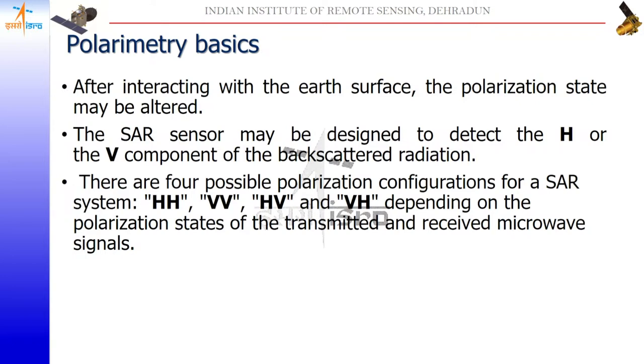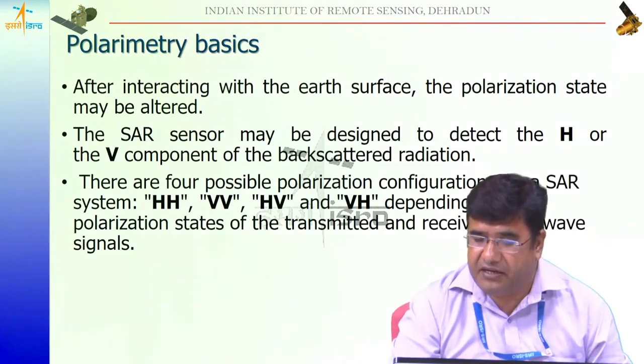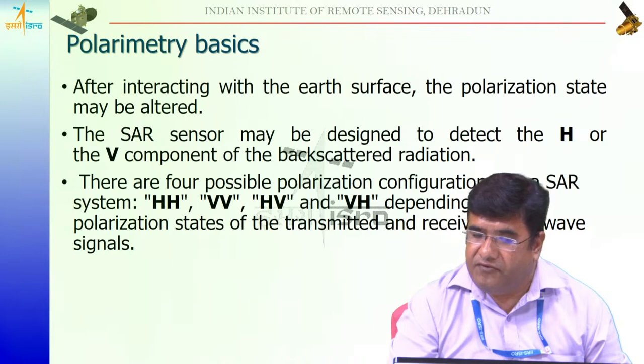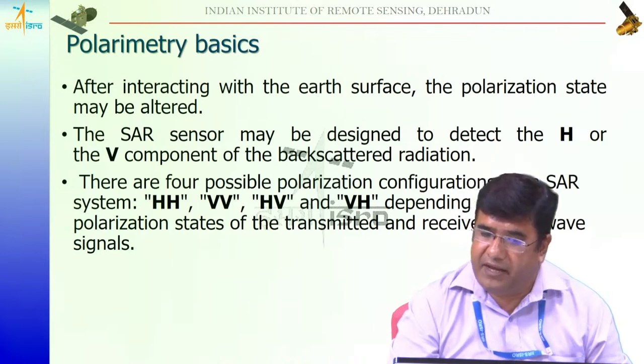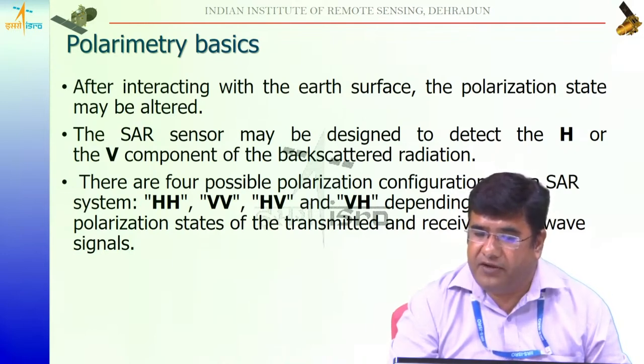Means we are sending H, and it will change some polarization state of the SAR signal. So when we are receiving the backscatter signal, we can detect the change in the polarization. Either we can receive the same H polarization, or we can receive V polarization.